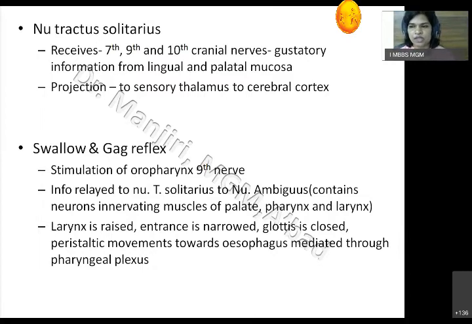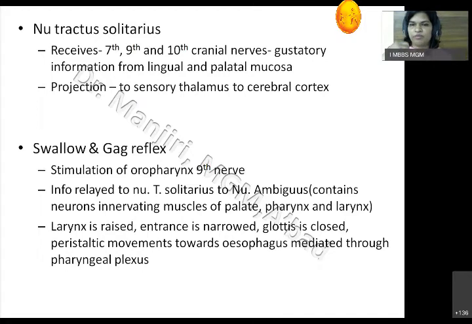If something large or a foreign body is at the level of oropharynx, then it stimulates this ninth nerve. Through this ninth nerve, information is relayed into the nucleus tractus solitarius. From nucleus tractus solitarius, it relays this information to nucleus ambiguus, which is a motor nucleus, which contains the neurons which innervate the muscles of palate, pharynx, and larynx.